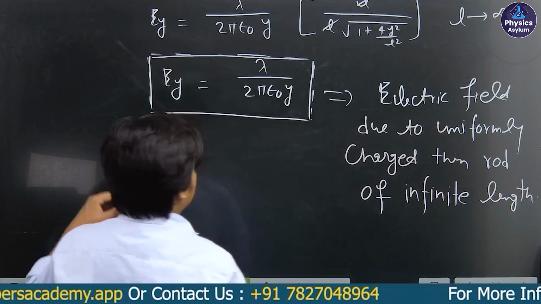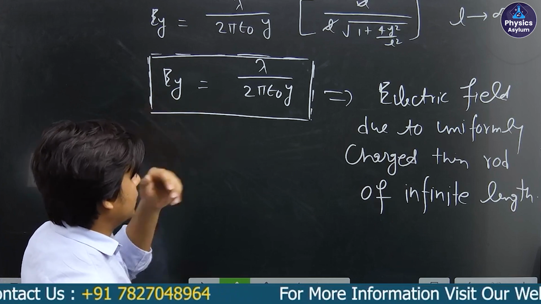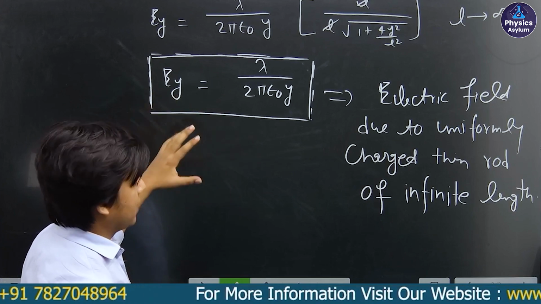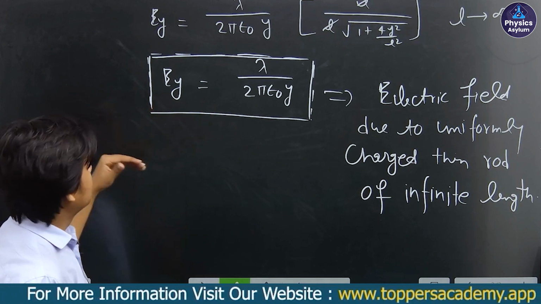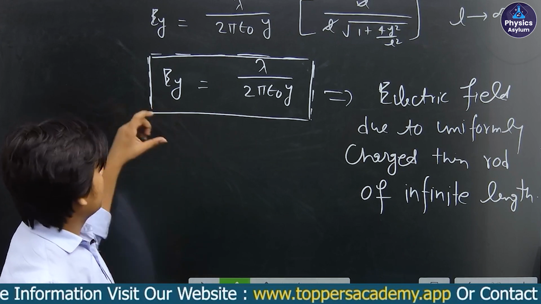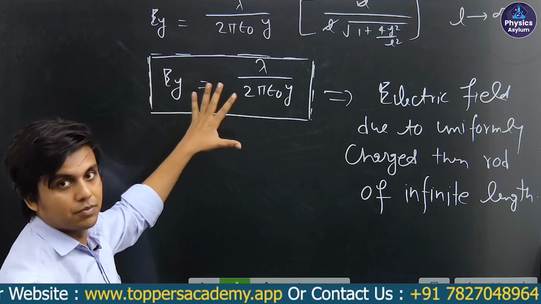Okay, we can also find the electric field due to a uniformly charged thin rod of infinite length. If that rod has infinite length, then we can also find this expression using Gauss law. Okay, using Gauss law. Okay, thank you.